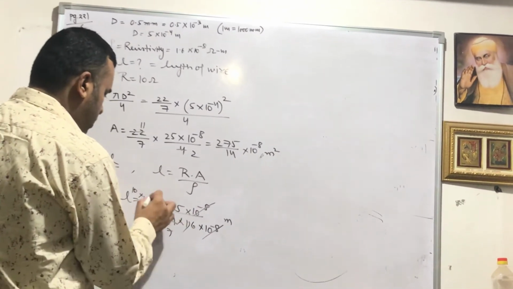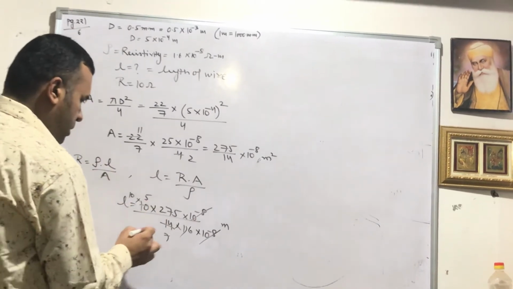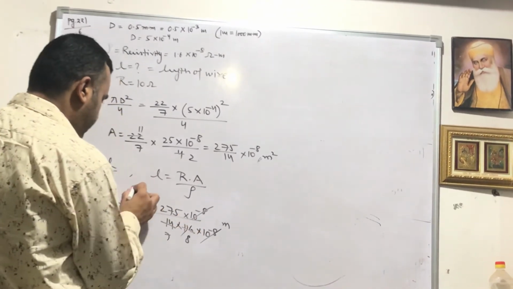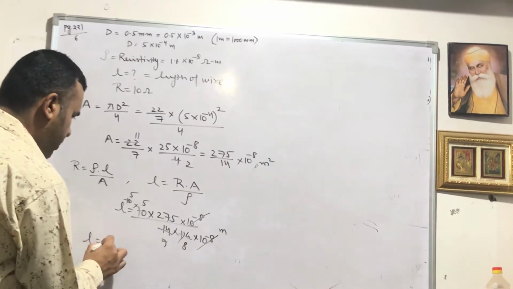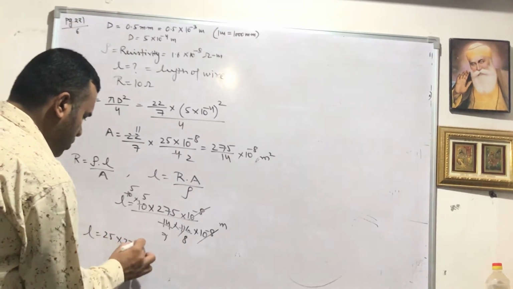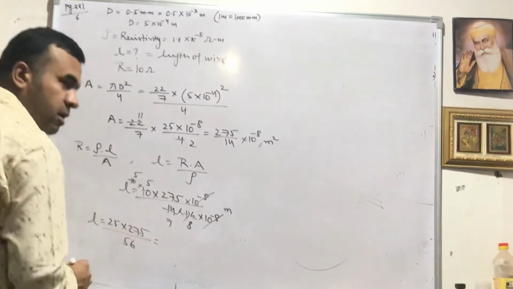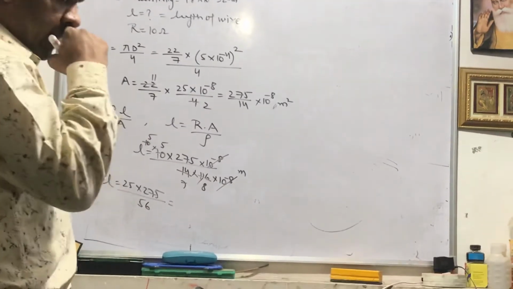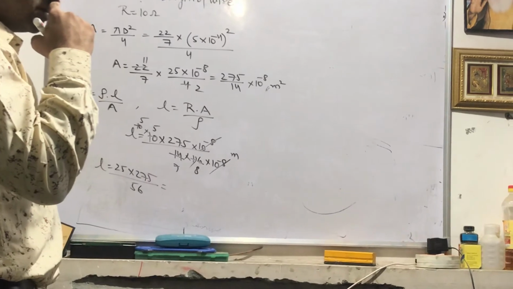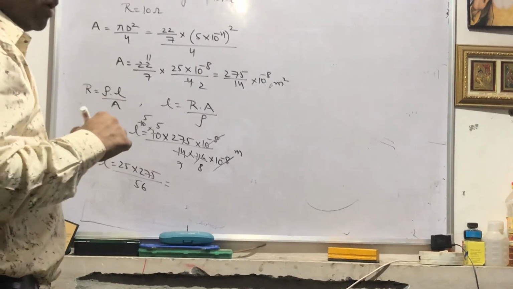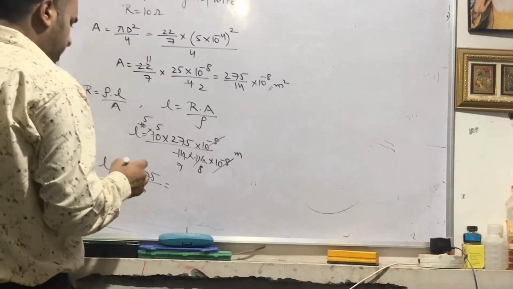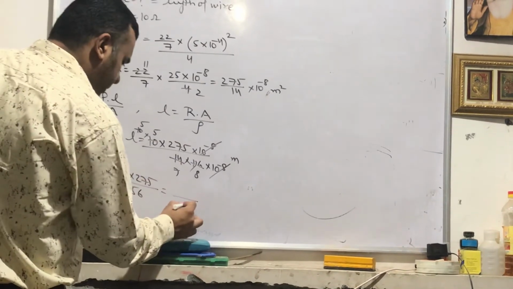Cancelling the common factors, we are left with 25 into 275 upon 56. 275 into 25 multiplied and further divided by 56.